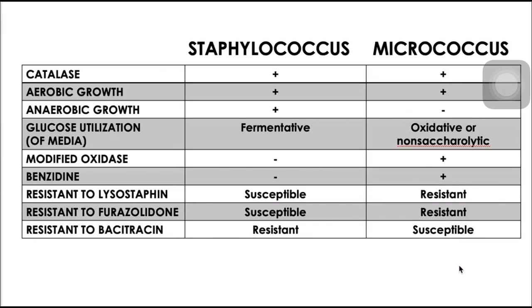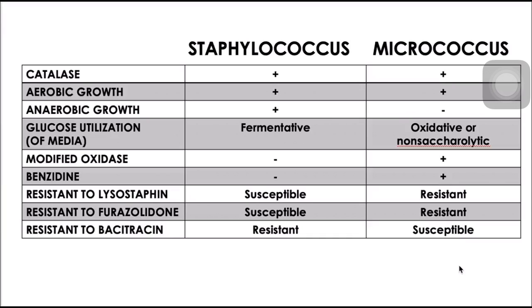Okay, so again, let's review. This is very essential. Staphylococcus, gram-positive cocci in clusters, grape-like cocci. Micrococcus, we have cocci in tetrads or group of 4, or in sarcinae, group of 8. Your Staphylococcus aureus is coagulase positive, while the rest of the Staphylococcus are coagulase negative, while Micrococcus is also coagulase negative.